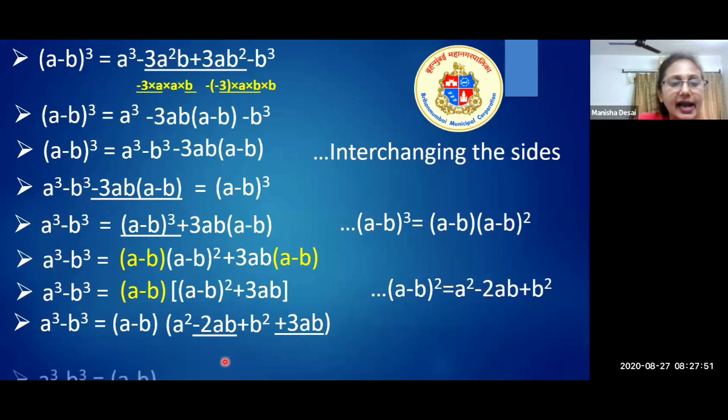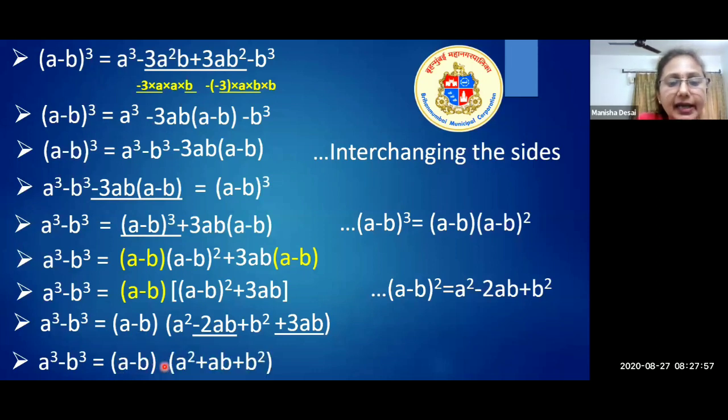So we can say that a cube minus b cube is equal to a minus b into bracket a square plus ab plus b square. So this is the formula of a cube minus b cube. What is a cube minus b cube? A cube minus b cube is equal to a minus b into bracket a square plus ab plus b square.